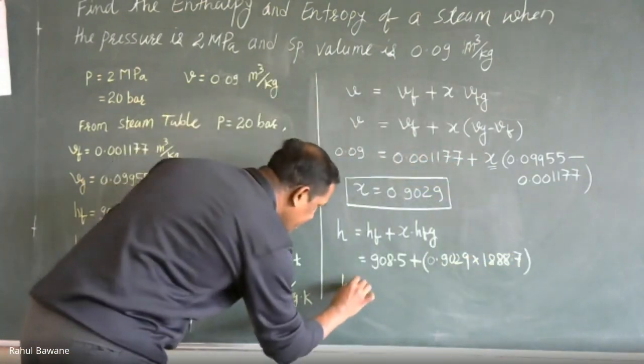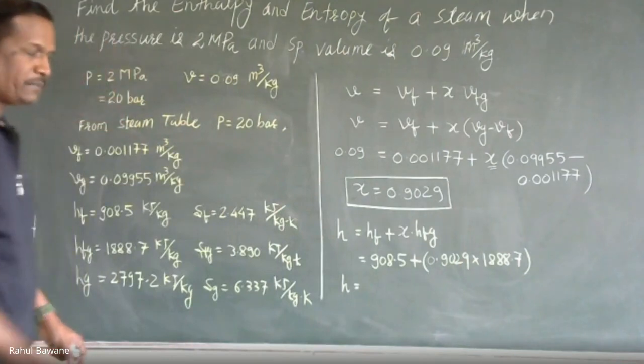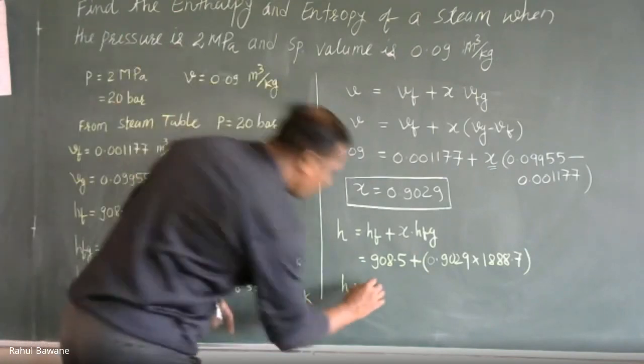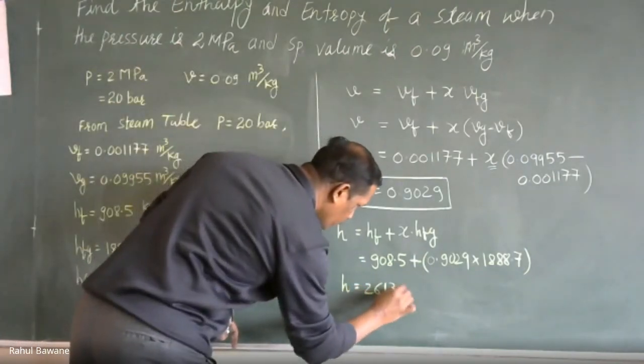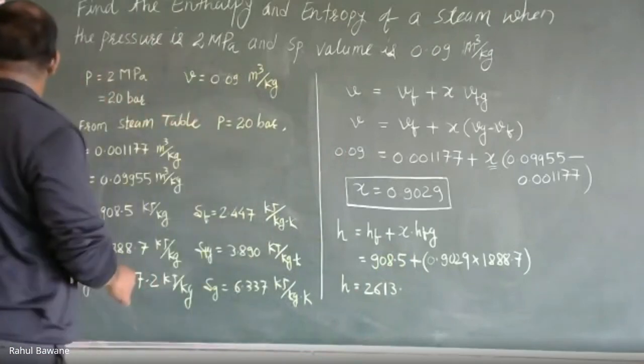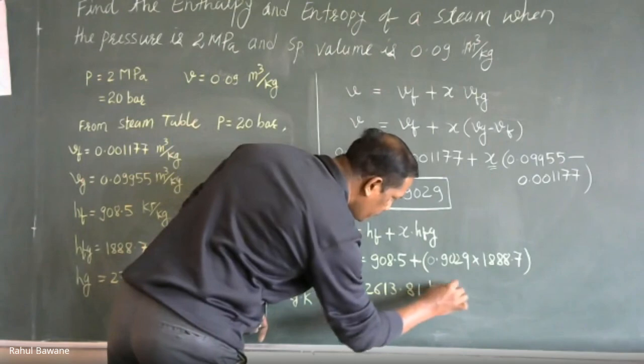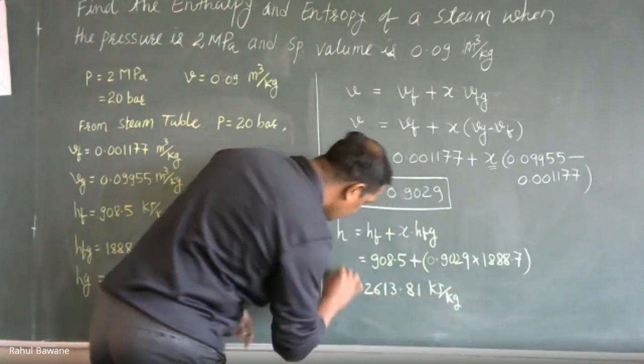When we calculate this, we come to know that the specific enthalpy of this steam is 2613.81 kilojoule per kg. This is our first answer.